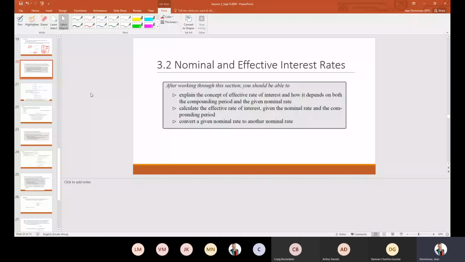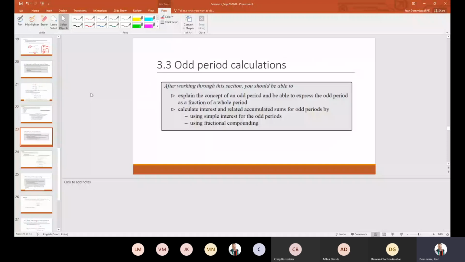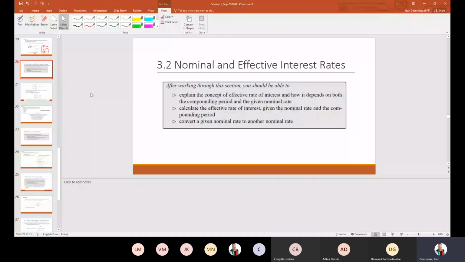And also, I haven't seen nearly a question where they say you've got an effective rate and you've got a present value, work out the future value that you need to use for nominal. I haven't seen that at all in any question, so that's not what you need to worry about.